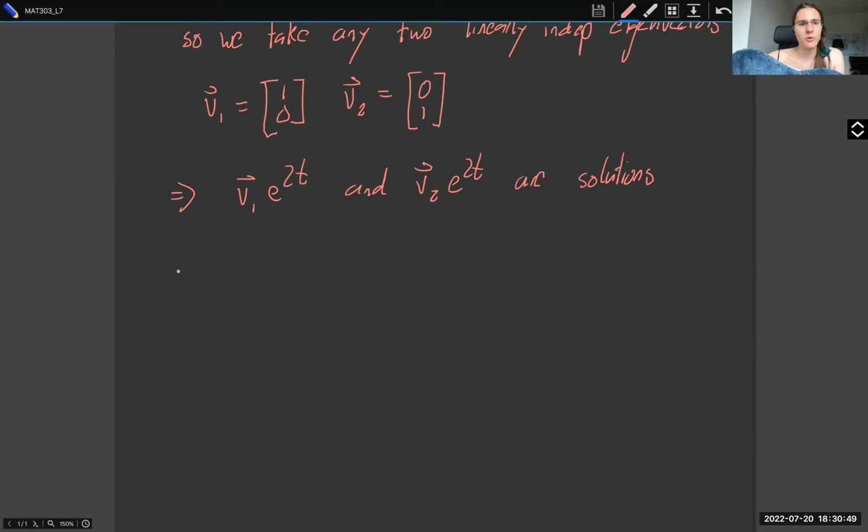So writing this out, this says that x is equal to c e to the 2t, y is equal to d e to the 2t, is the general solution.